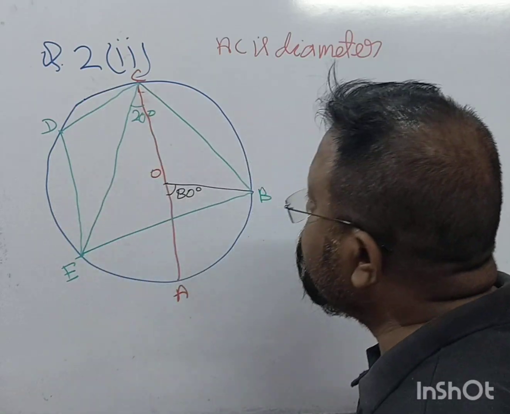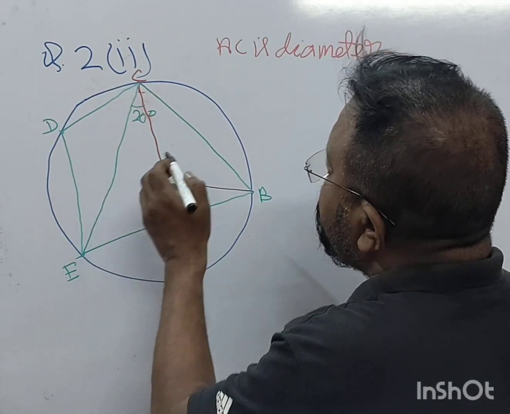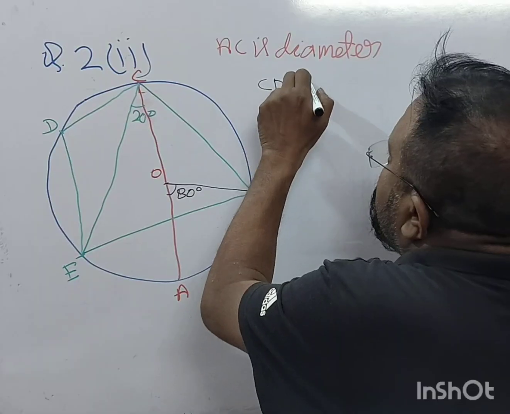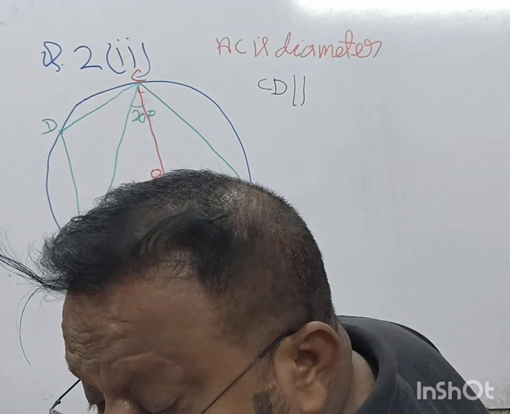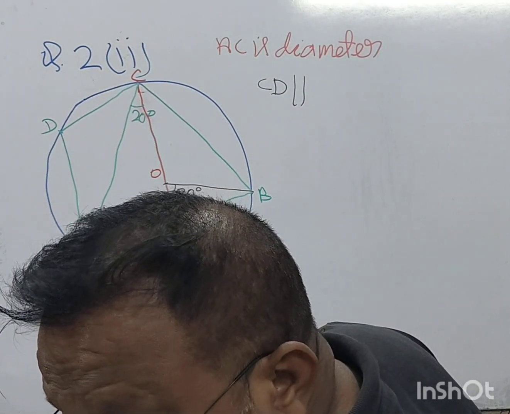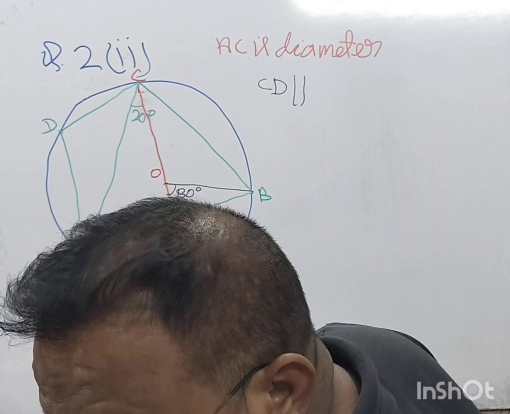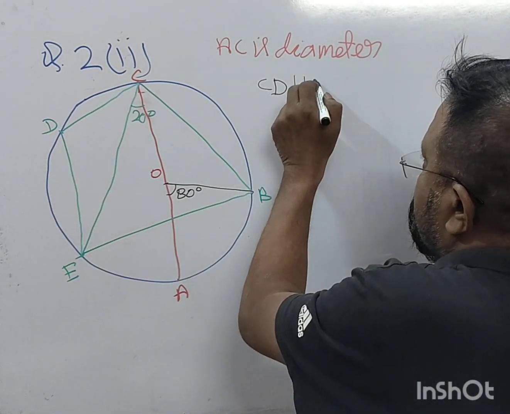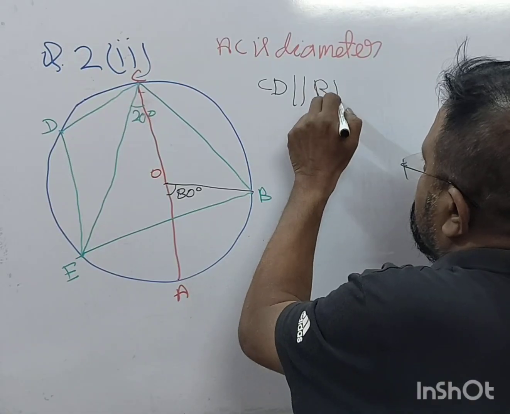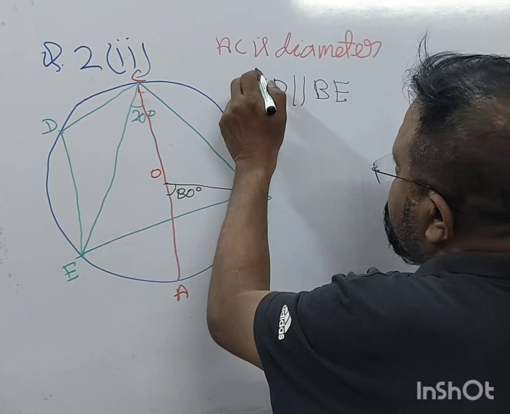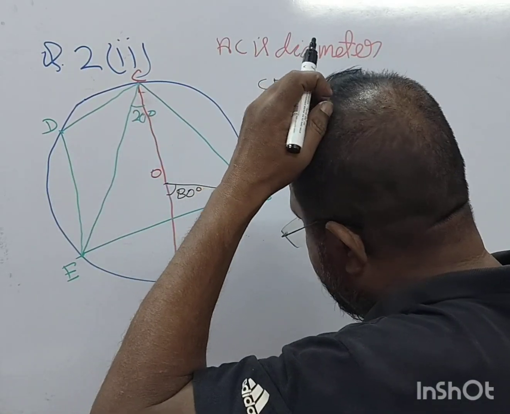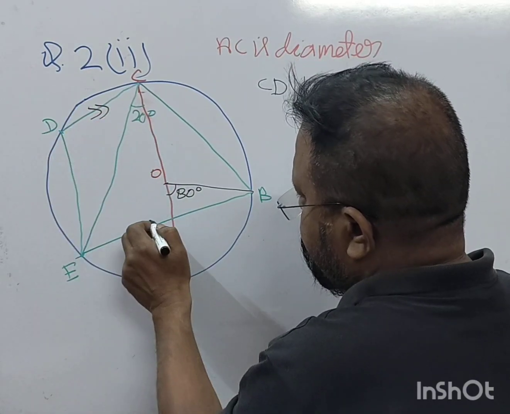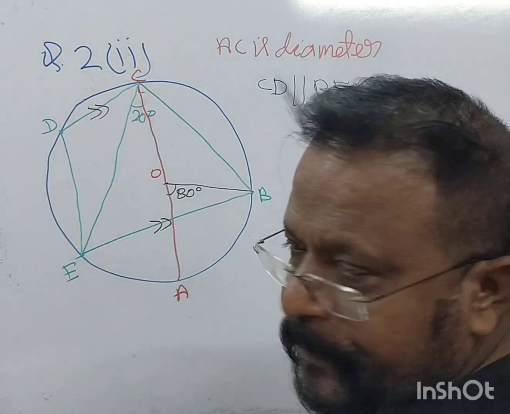CD is parallel to BE. मतलब ये दोनों एक दूसरे के parallel हैं, right?